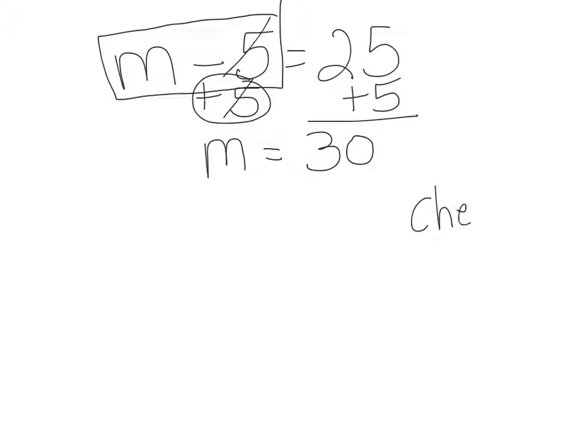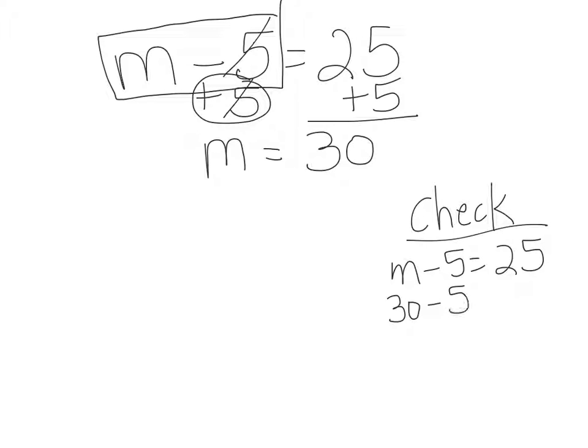It's time for the check. It's a simple check, but it has to be done. You have to write m minus 5 equals 25. We write the original equation. We see that we've decided m equals 30, so we're going to substitute 30 into where m is. Now we're going to do the subtraction.